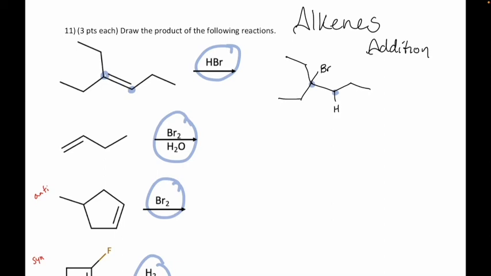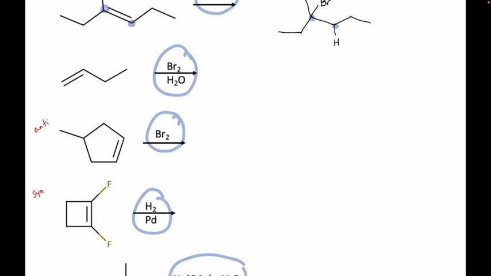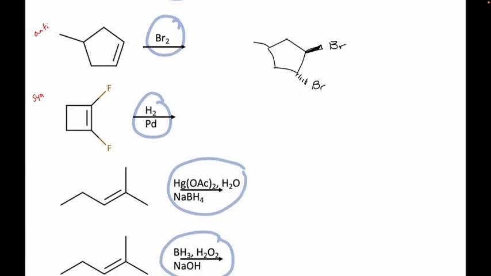All right. What about Br2? What are we going to add? What is it? 2 bromines, right? So you want to be able to look at your reagent and be able to tell what's going on here. You would add 2 bromines. All right. I'll talk about why I'm dashing and wedging here in a second. What about the H2? What are we adding? 2 H's.